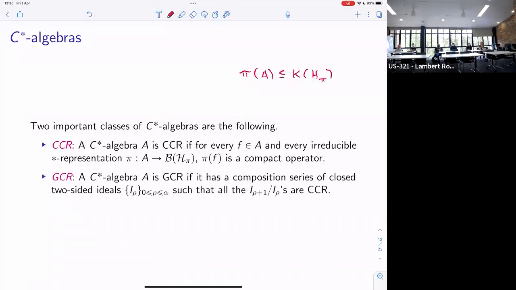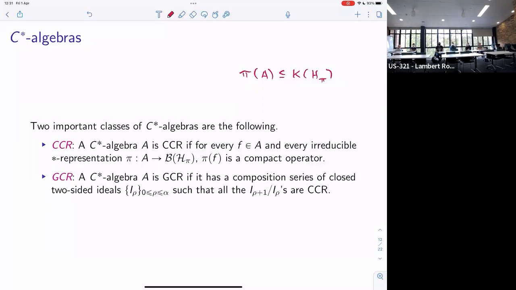And then the GCR C-star algebras are those that have a composition series of closed two-sided ideals, such that each of the corresponding quotients of the composition series is a CCR C-star algebra. But here alpha can be some arbitrary ordinal, so this composition series doesn't necessarily have to be finite.